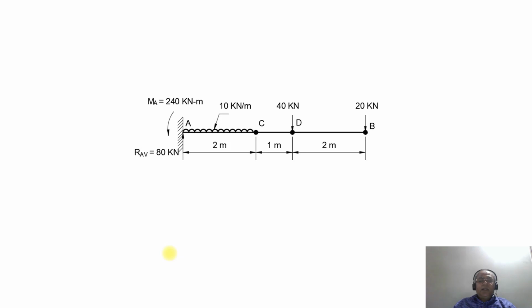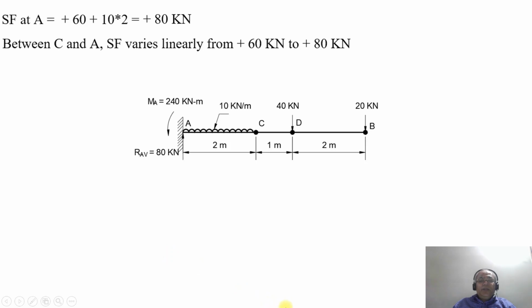Now we will consider between C and A. SF at the point A will be plus 60 plus 10 into 2, which becomes plus 80 kilonewton. So as you have a UDL, SF varies from plus 60 kilonewton to plus 80 kilonewton linearly.